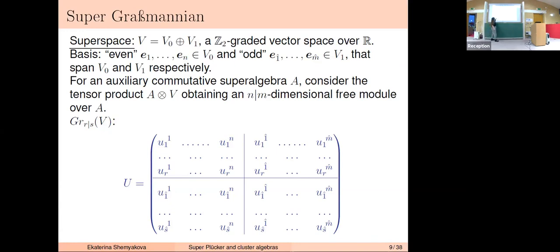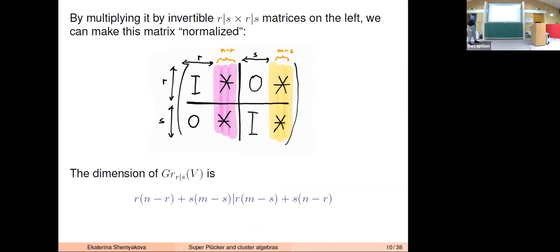So I have M even columns and M odd columns. From the consideration of parities, it's very easy: the elements in this block and in this block have to be even, so these are all even elements of the superalgebra A, and this is odd. Very similar to what I showed you before.